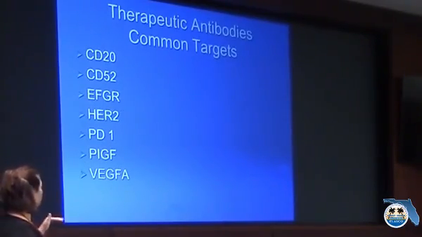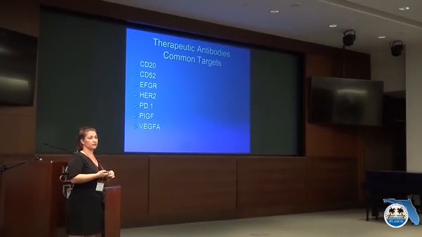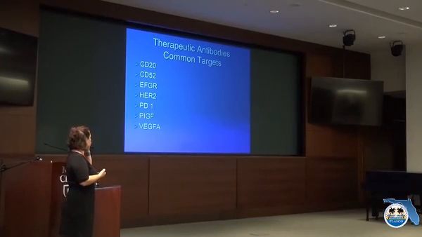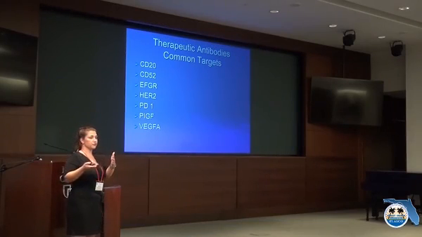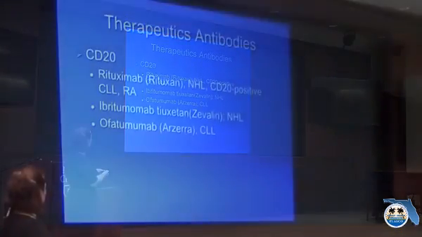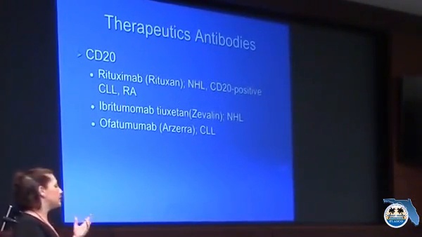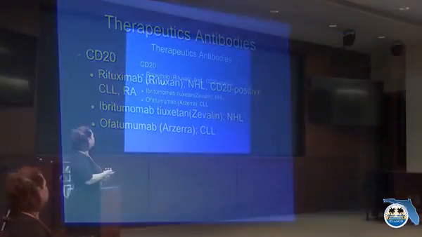Common targets. This is where all the molecular testing that Jessica was talking about is really important, because we need to know if they have these different receptors. If the drug we're giving targets the receptor and they don't have the receptor, then we don't give the drug. So rituximab, and ofatumumab is not as common.